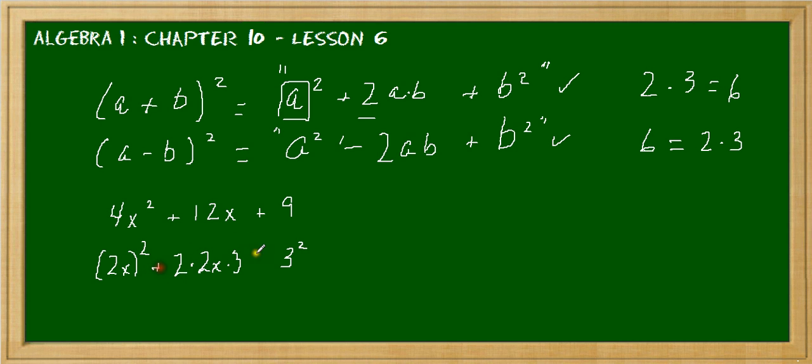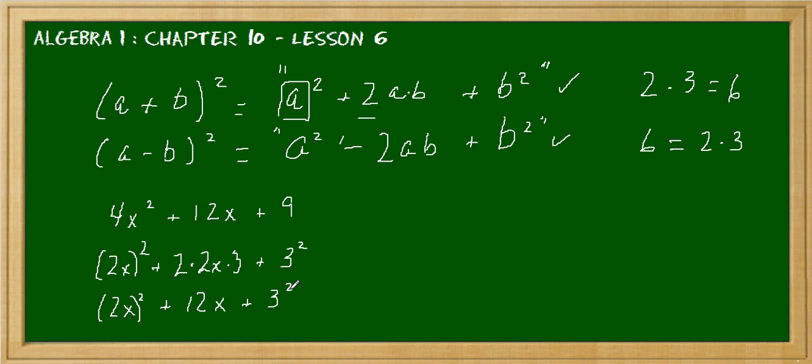This would all be addition because they're all positive. The question is, when you multiply 2 times 2x times 3, what do you get? Well, you actually get 12x, because you would have 2x squared, in parentheses, plus 2 times 3 is 6 times 2x is 12x. Wonderful. Plus, then we have 3 squared. So we can definitely say that it fits.